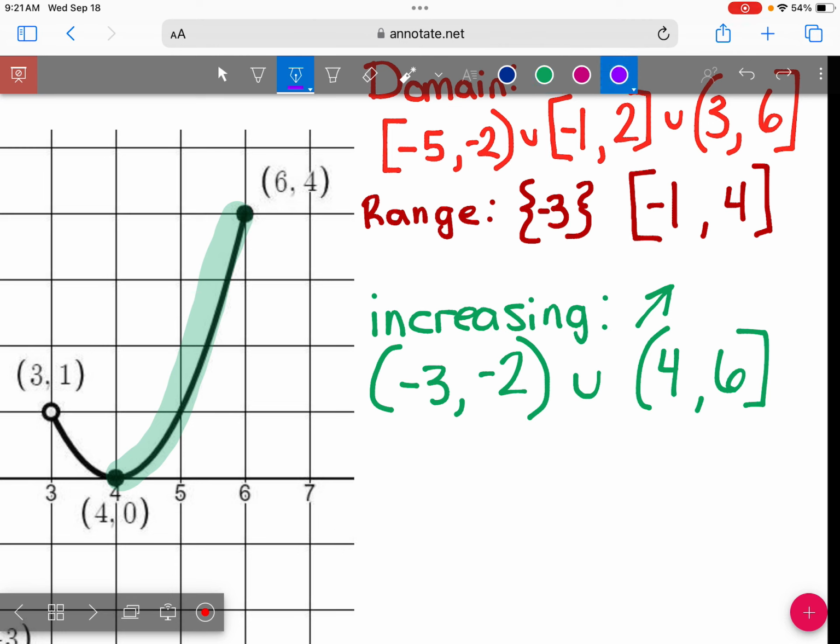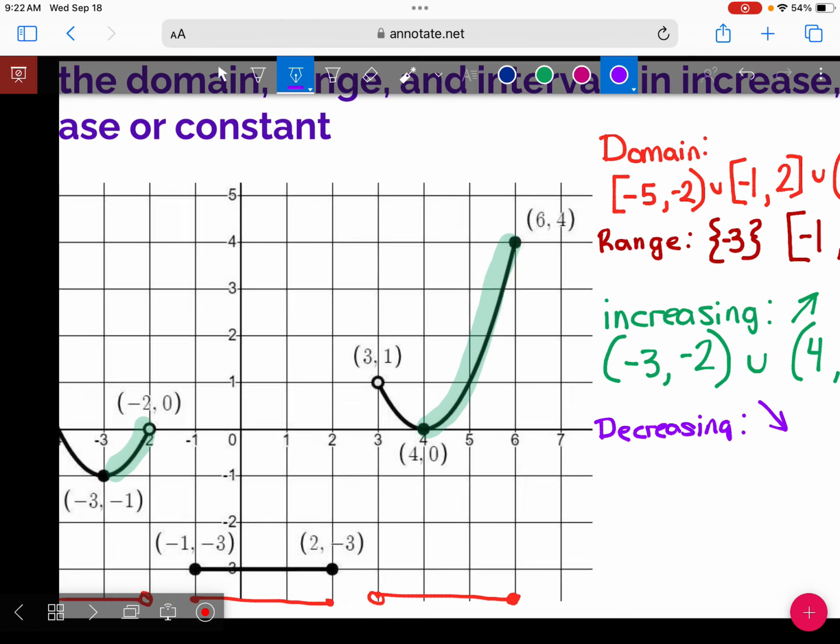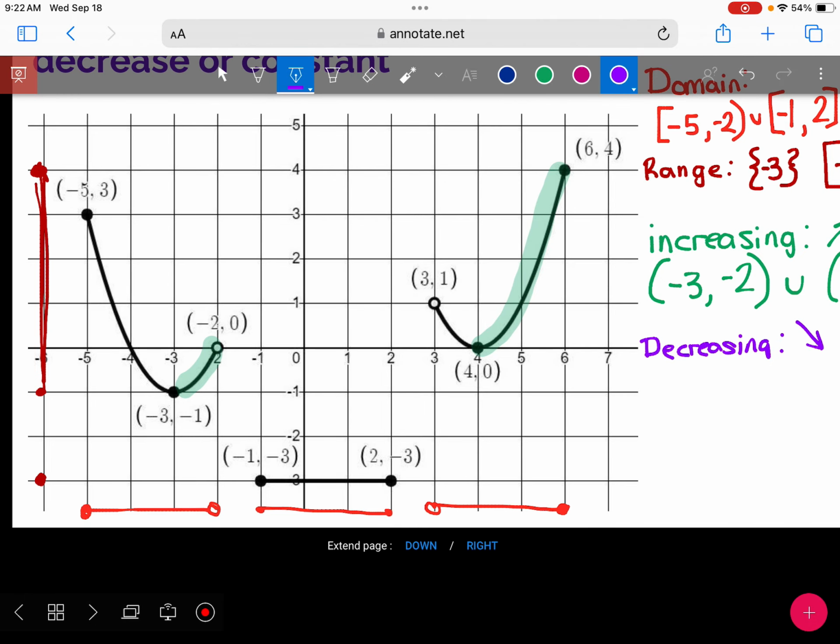All right, then let's look at our decreasing. Very, very similar. So instead of looking for things that are rising, we're looking for things that are falling. Think negative slopes, going down. Where are we decreasing here? Between -5 and -3.